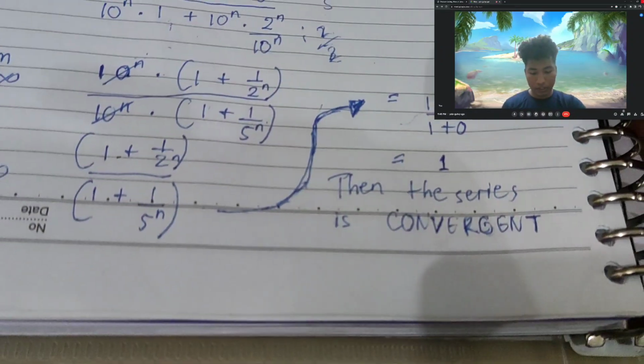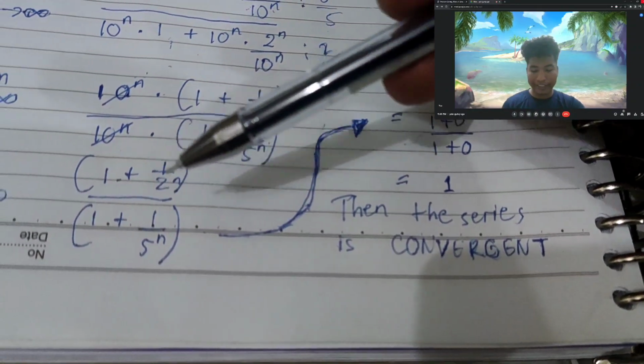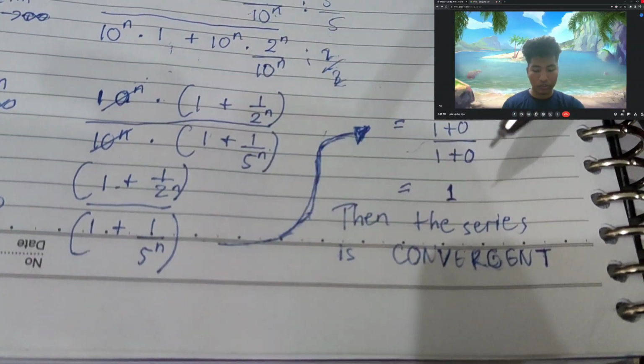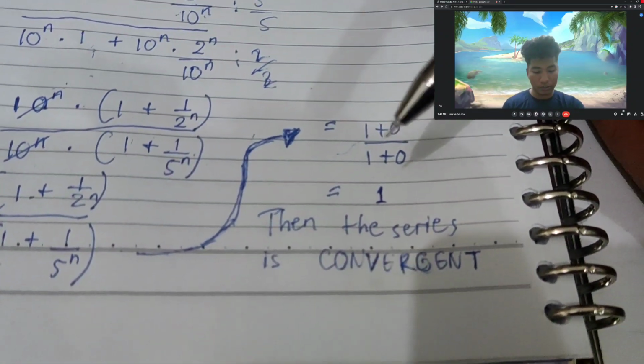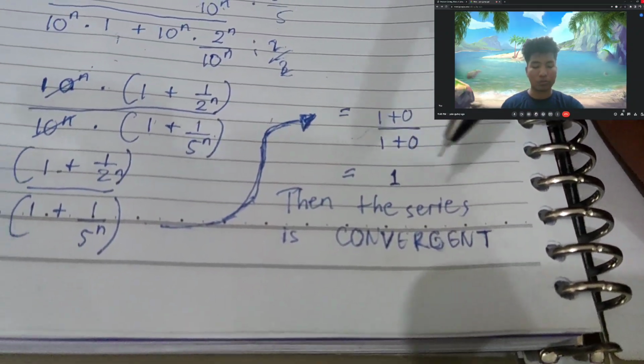Everything over infinity is equal to 0, so 1 plus 0 over 1 plus 0 is equal to 1.